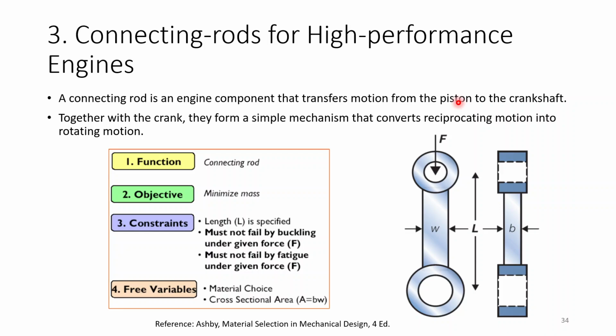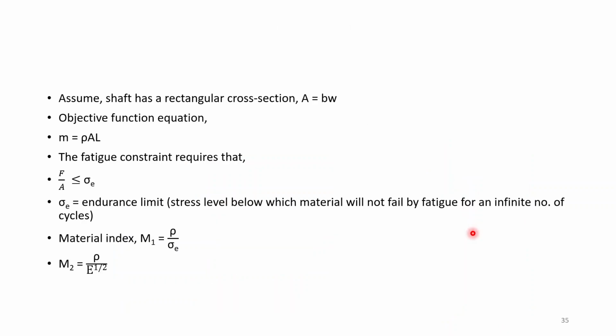The free variables are material choice and cross sectional area A equal to breadth times width. Now this is the force that you are applying, and these are your parameters.